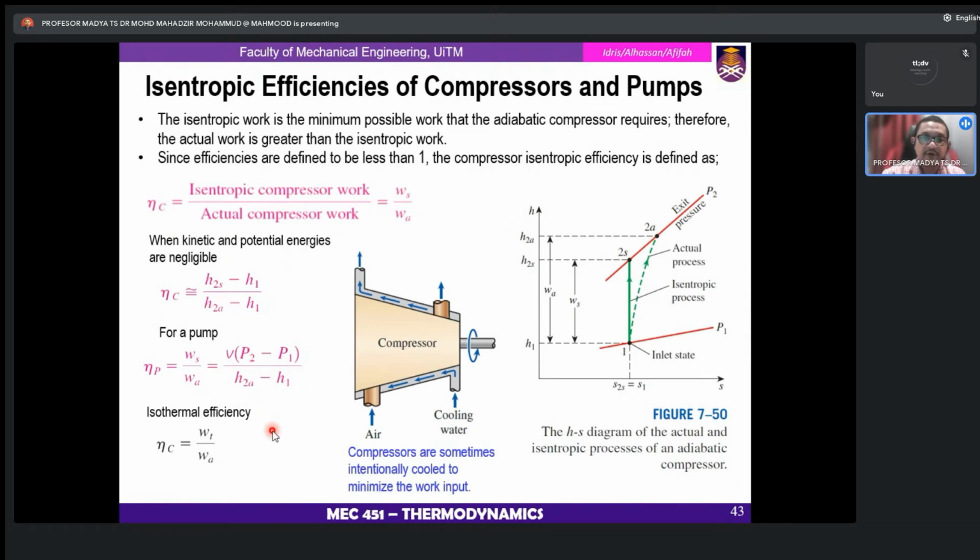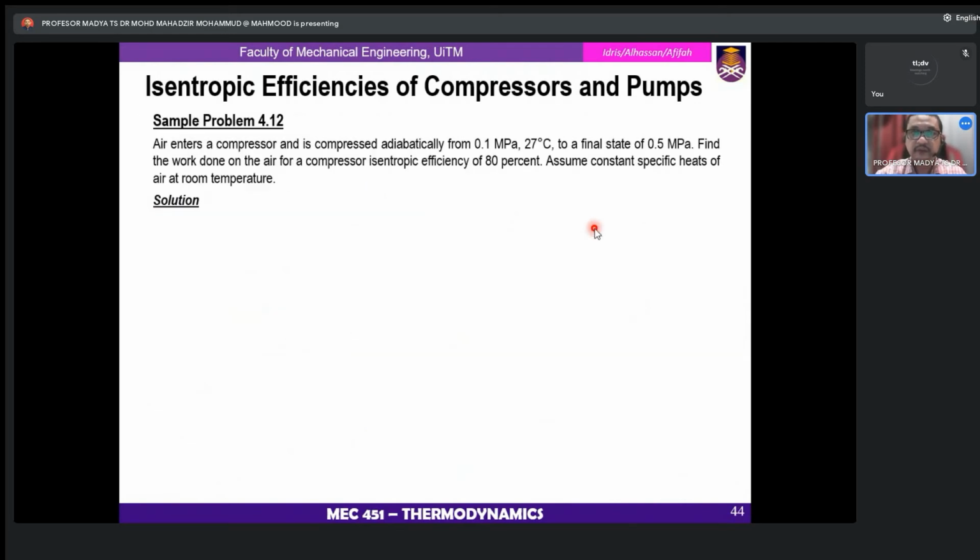Okay, for the isentropic efficiency of the turbine, it will become work actual over work ideal. Okay, we skip the sample problems.